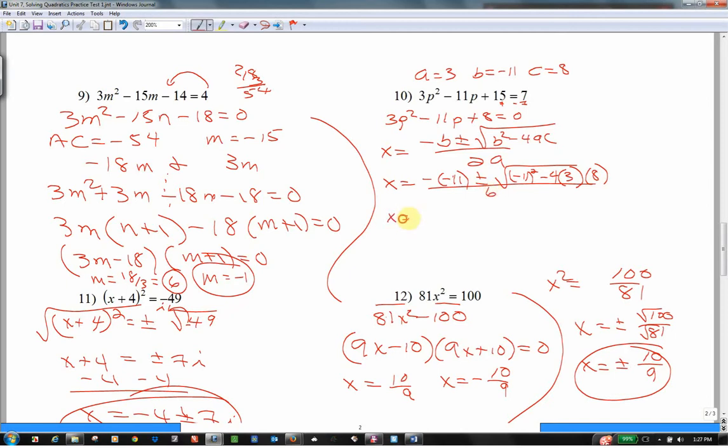x is equal to 11 plus or minus the square root of 121 minus 96, all over 6.